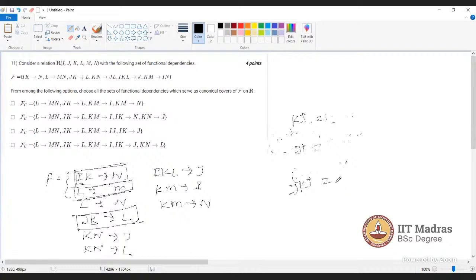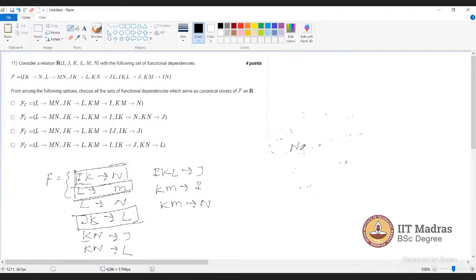I guess JK only. Yes. So this dependency is not redundant.